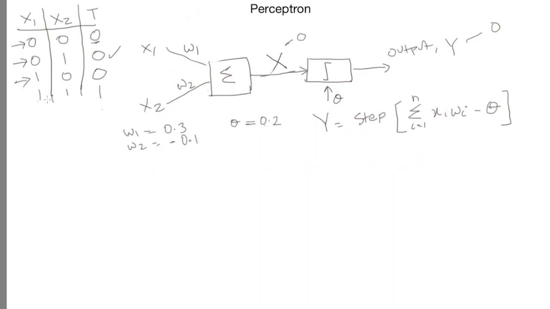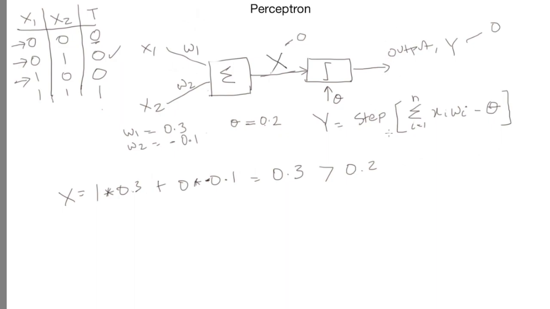Moving on to the next training line, with x1 set to 1 and x2 set to 0, the weighted sum of inputs that is received by the network is going to be 0.3, and this is of course greater than the threshold we set.